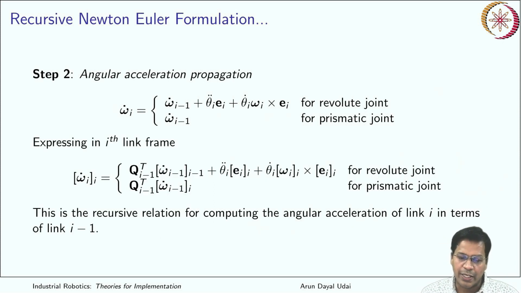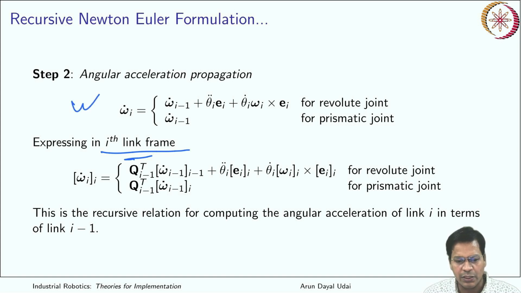So again, in the ith link frame, the way we did it for angular velocity, we can do it with angular acceleration also. Again, we have to bring everything to the ith frame. We again multiply with the same transformation matrix, that is the orientation matrix, inverse of that, so that it comes to the ith frame.